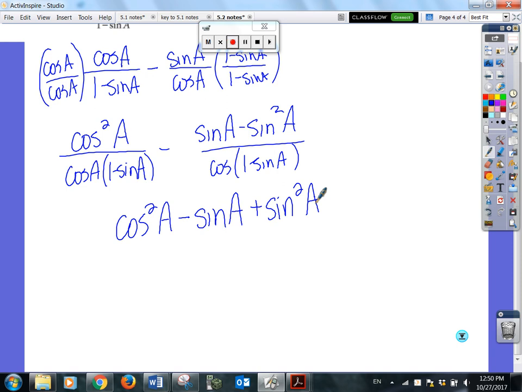If it's plus, the signs stay the same. I multiply something by plus 1, stays the same. Minus 1, the signs change. And all of that is over cosine A times 1 minus sine A. You cannot cancel. Okay, you have adding and subtracting. There's no canceling to do yet.